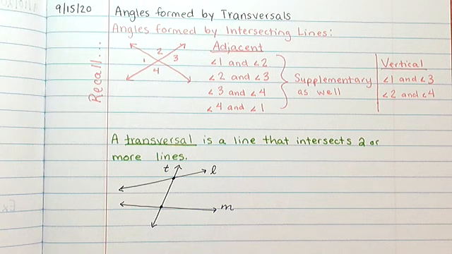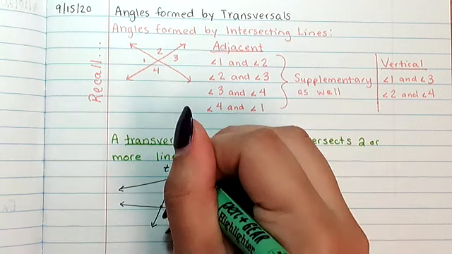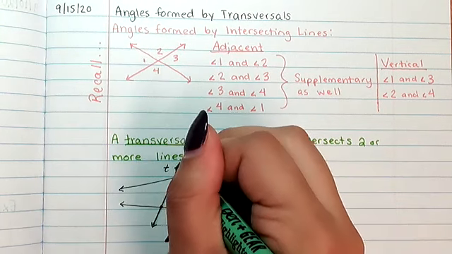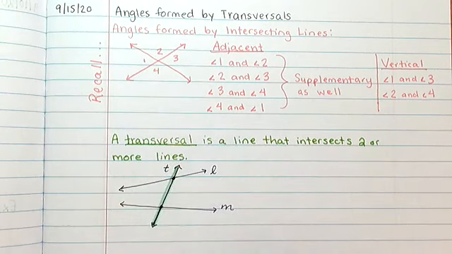And I'm just going to use my highlighters to highlight that transversal, which doesn't show up too well. And transversals come in many different shapes and sizes.